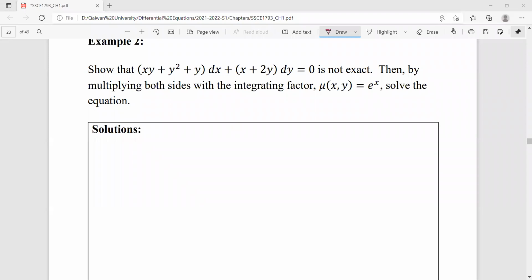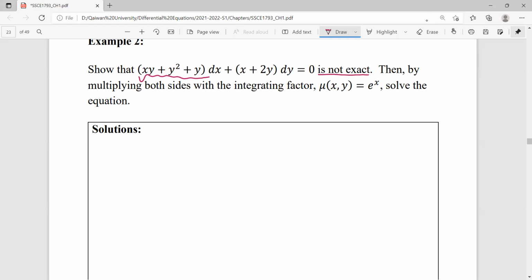Okay. Now we have an example. It says show that this differential equation, xy plus y squared plus y dx plus x plus 2y dy equals 0, is not exact.